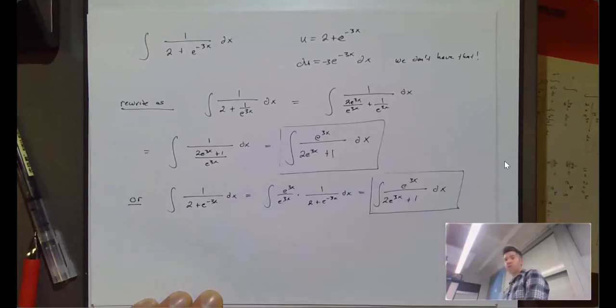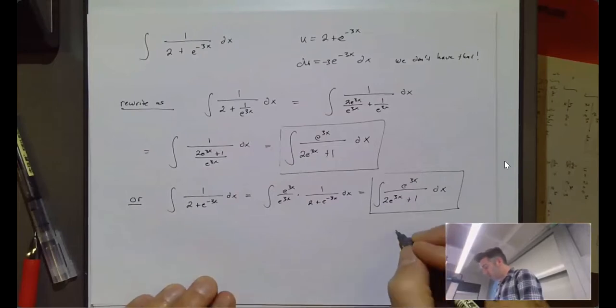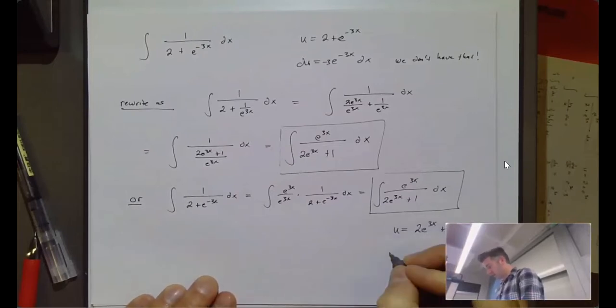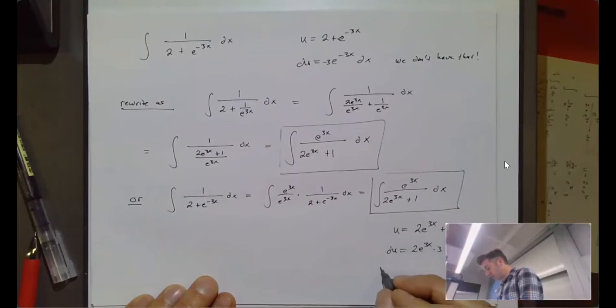And now we can totally do a u substitution. We're going to let u equal the denominator, 2e to the 3x plus 1. And our du is going to be 2e to the 3x times 3 dx. So 1/6 du is going to equal e to the 3x dx.